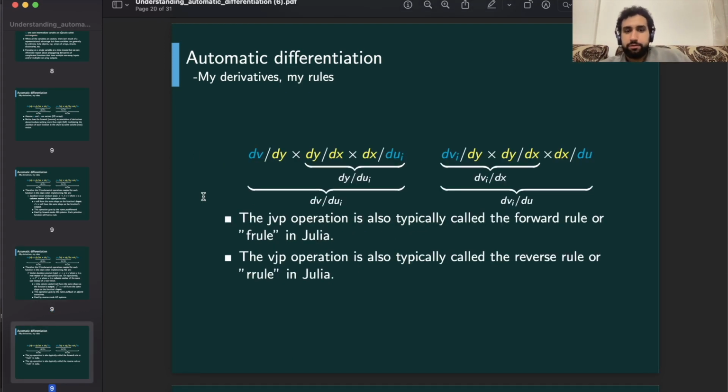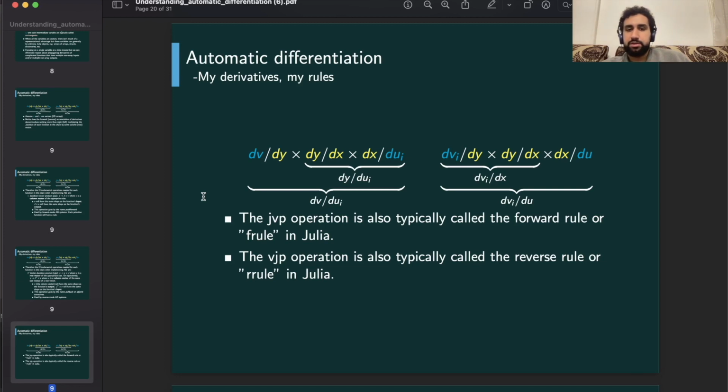Now, another name for these operations in Julia in particular: if you're trying to define these differentiation rules, for doing the Jacobian vector product or the vector Jacobian product, one way to do it in Julia is to use a package called ChainRules.jl. That's a package that lets you define these rules basically independently from the automatic differentiation package or implementation.